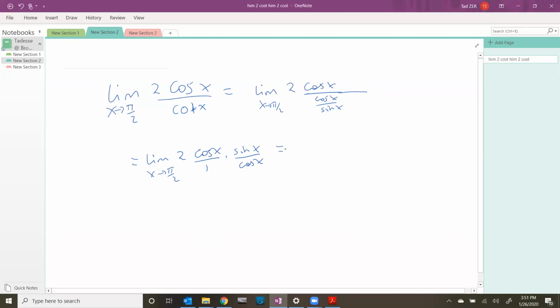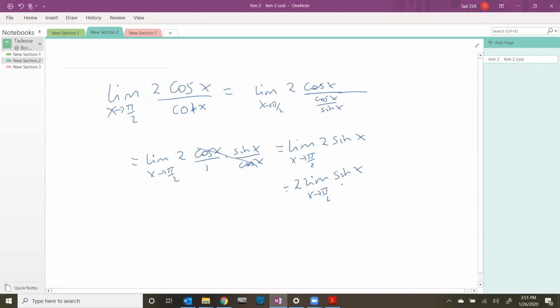Now you see the cos x cancels out. So that will be the limit of 2 times sin x as x approaches pi over 2. By the constant multiple rule for limits, I can factor out the 2, giving 2 times the limit of sin x as x approaches pi over 2.